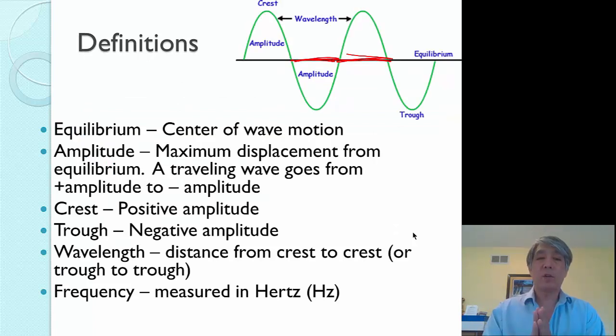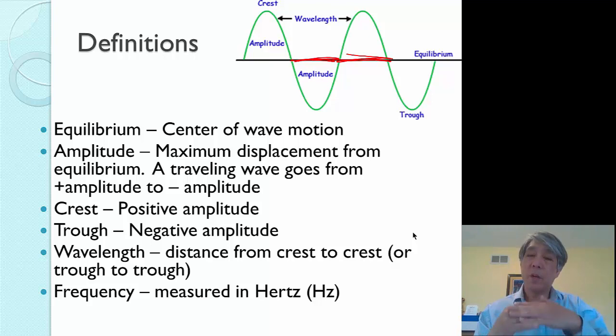We've run across equilibrium and amplitude before, as well as frequency, in our coverage of simple harmonic motion. So equilibrium is pretty much going to be the same thing. In this case we have a wave that's moving from left to right.